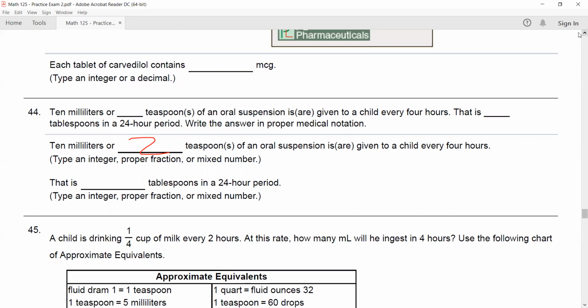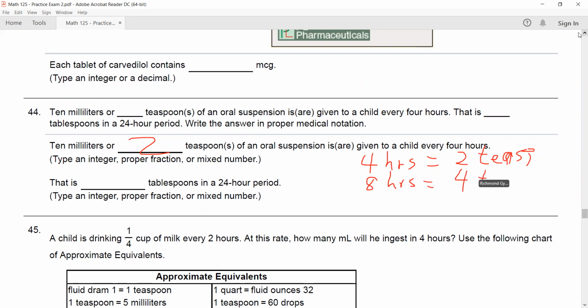But first of all, we know that in every 4 hours, this child is given 2 teaspoons, right? Every 4 hours. Now, we have to find how many teaspoons this child gets for 24 hours, right? So if you double this, you have 8 hours equals 4.